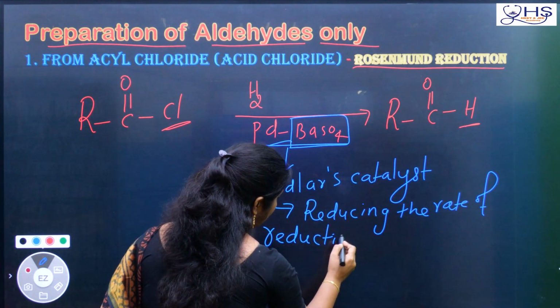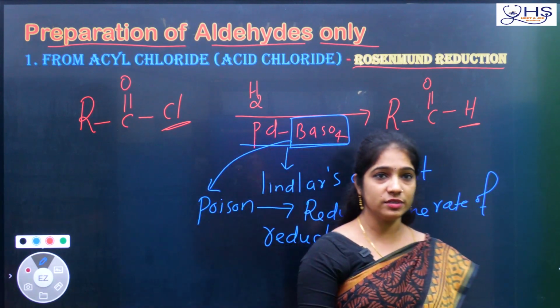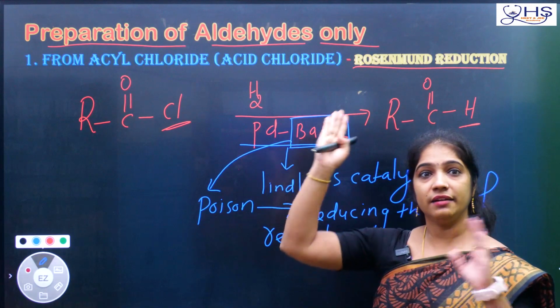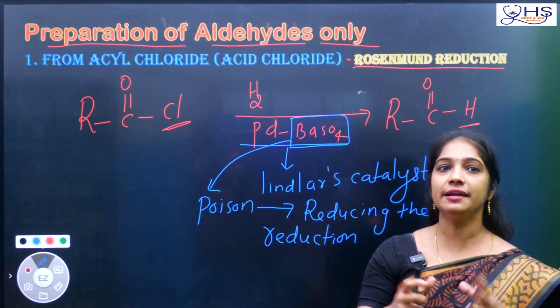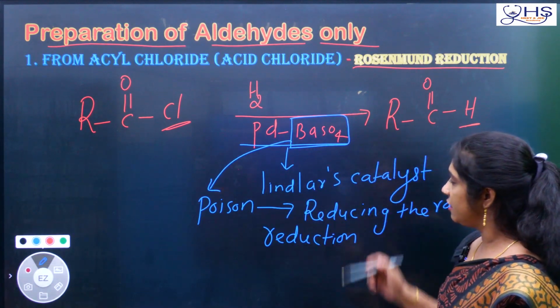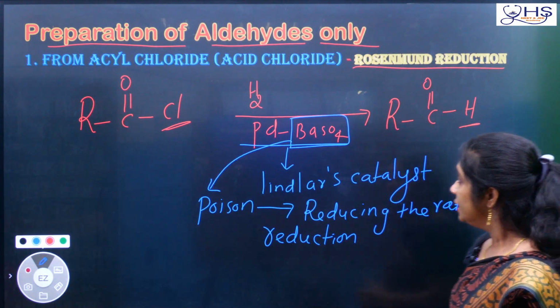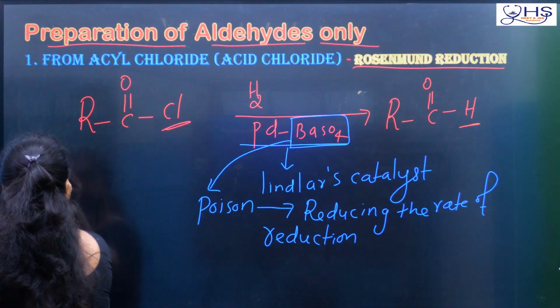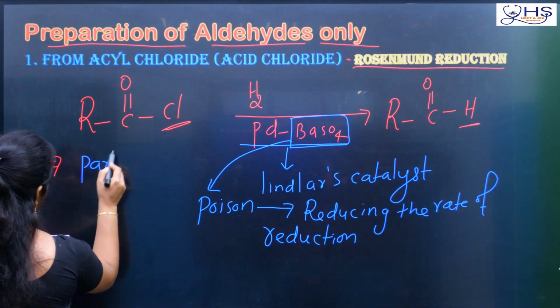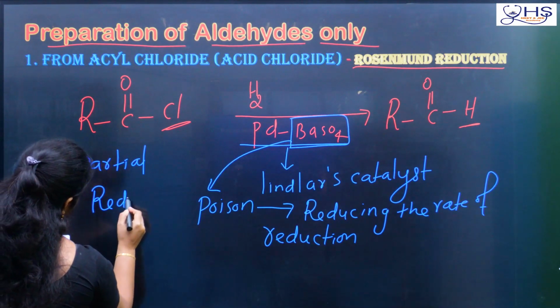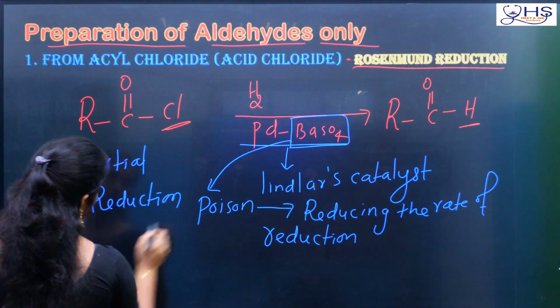See, if you are not using barium sulfate, acid halide will convert to alcohol, which is a complete reduction. But barium sulfate is stopping the reduction at aldehyde level. So you can call this reaction a partial reduction.